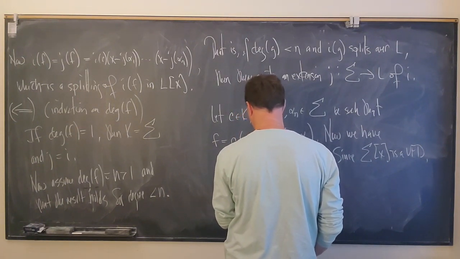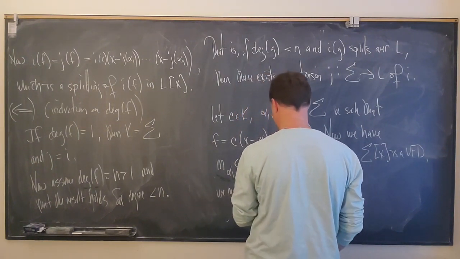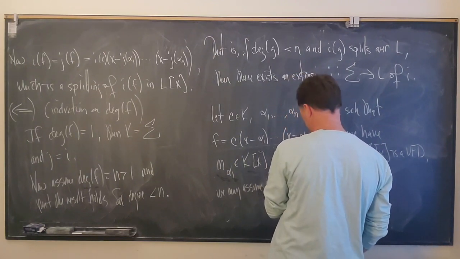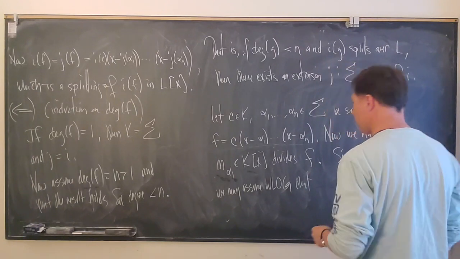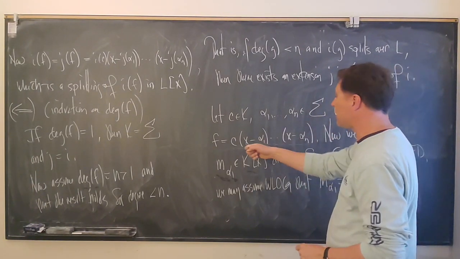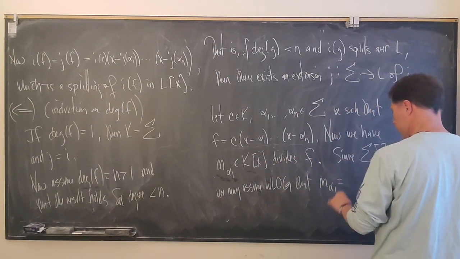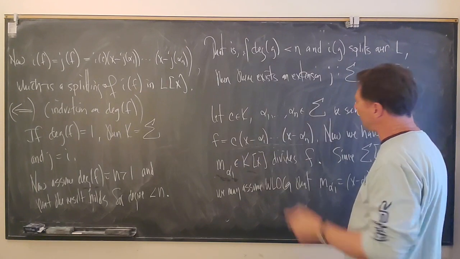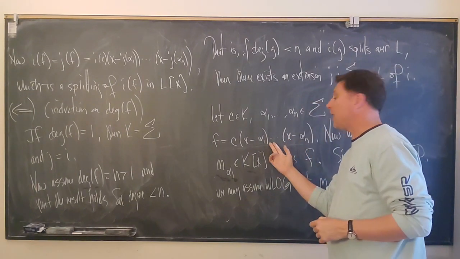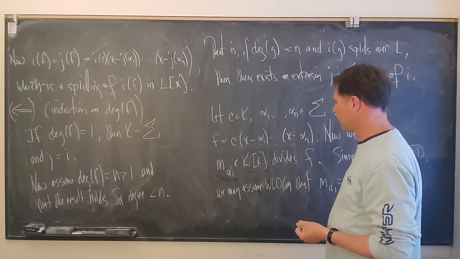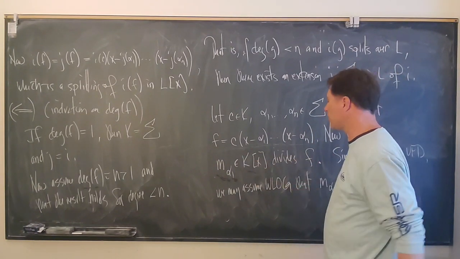So since sigma bracket x is a UFD, we may assume without loss of generality, just by reordering the terms here, that m sub alpha 1 takes some of these factors. It'll definitely have x minus alpha 1, and then maybe or maybe not x minus alpha 2 is part of the factorization of the minimal polynomial.